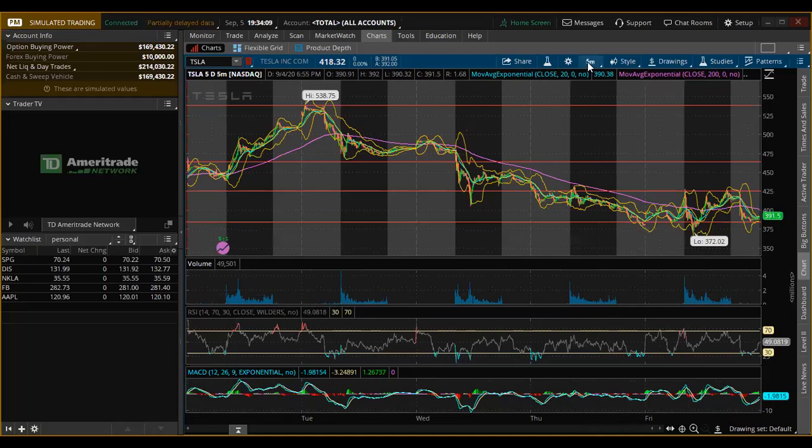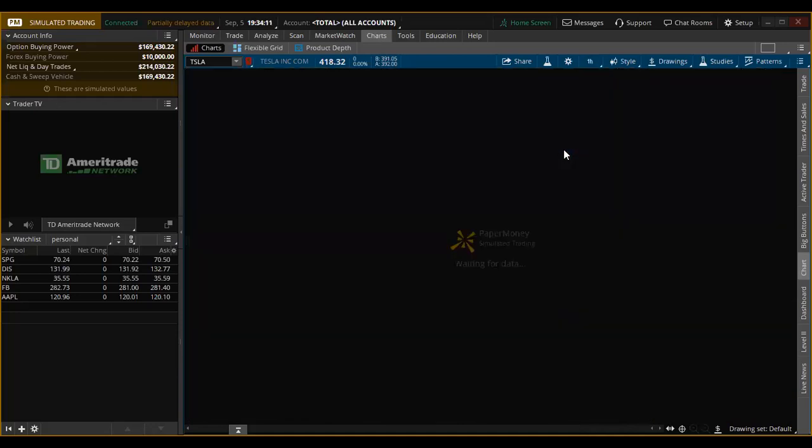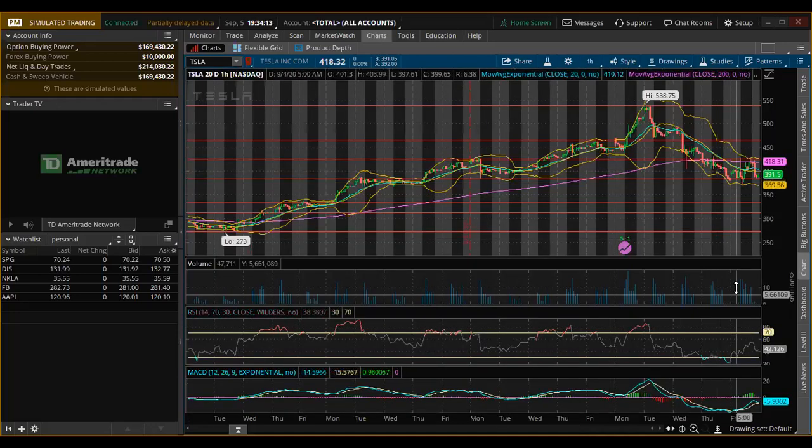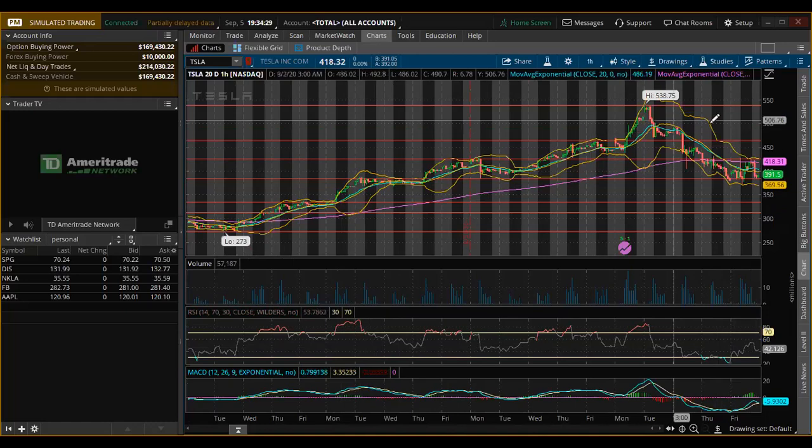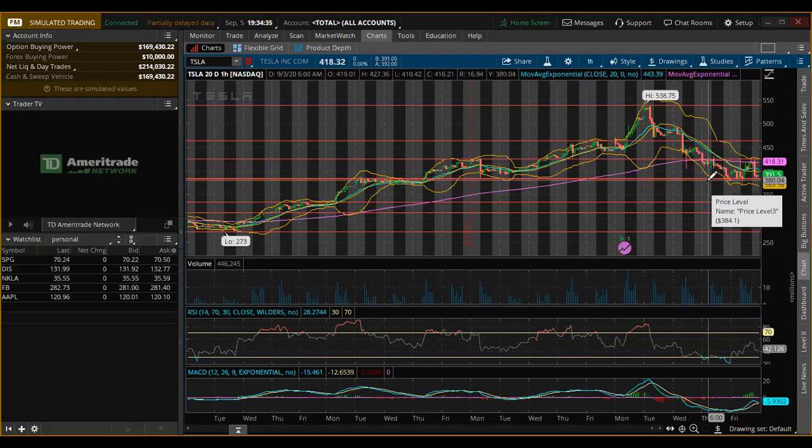Let's look at it from a 20-day. If it did drop because of the S&P news, I could see it hitting 370.